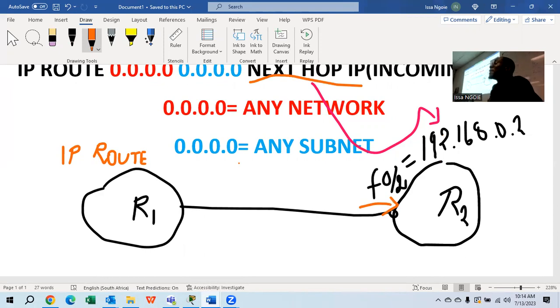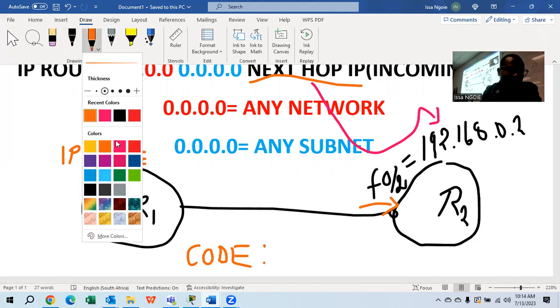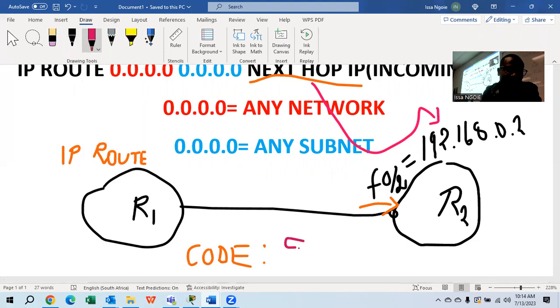Right? Now, let's do like an exercise. We are going to see. And remember, guys, when you go to your database, to this router 1 database, how will you know? There is a code. For default routes, the code is, let me show you how the code will be. The code is S, and there is what?